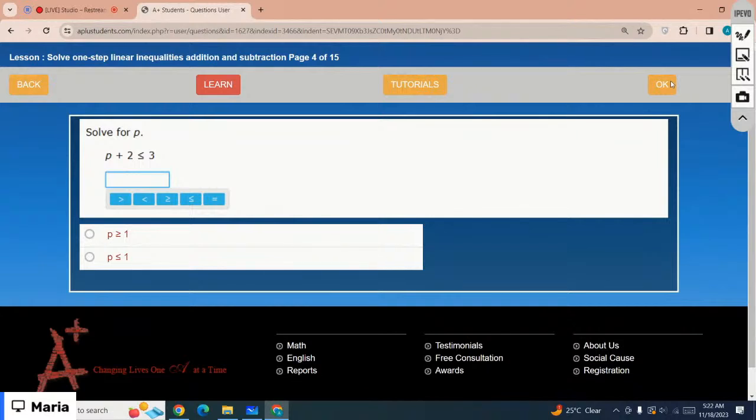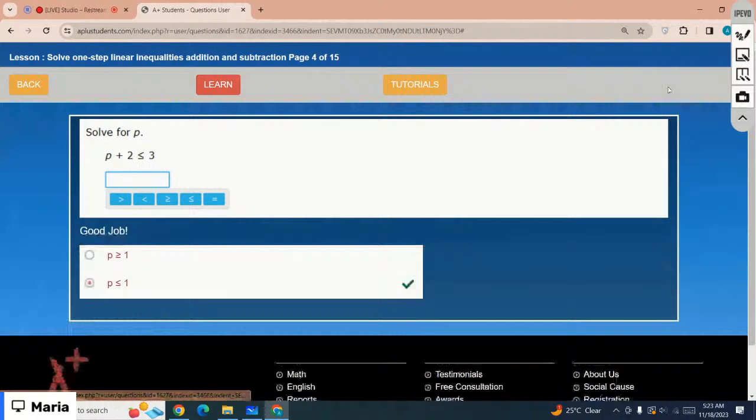P plus 2 is less than or equal to 3. Which is the correct option? The correct option is P is less than or equal to 1. 3 minus 2 is 1. P is less than or equal to 1 is the correct option.